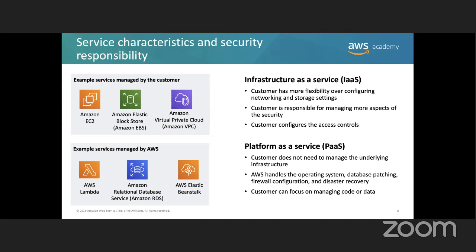Platform as a service. This is managed by AWS. The customer does not need to manage the underlying infrastructure. Remember Elastic Beanstalk? Did we manage any underlying infrastructure? No, we just uploaded the code, right? That sample in Node.js that AWS provides.